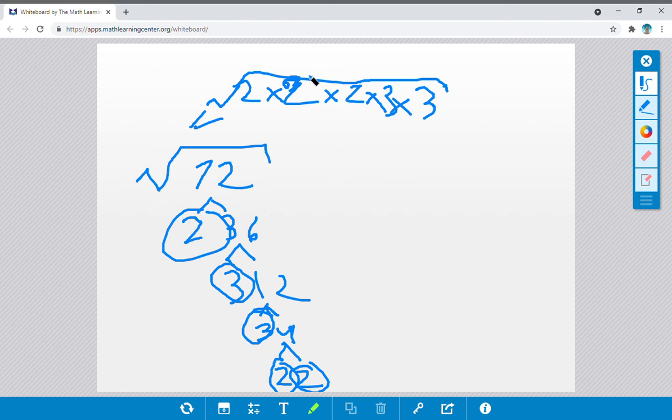So now, because it's a square root, we will put a little 2, just to make it simpler, to remember it is squared. So we will find pairs that are the same numbers, 3 and 3 and 2 and 2.